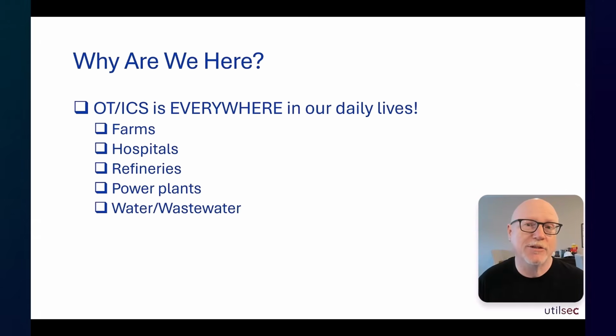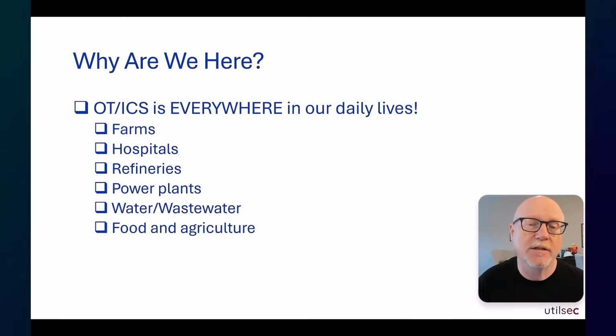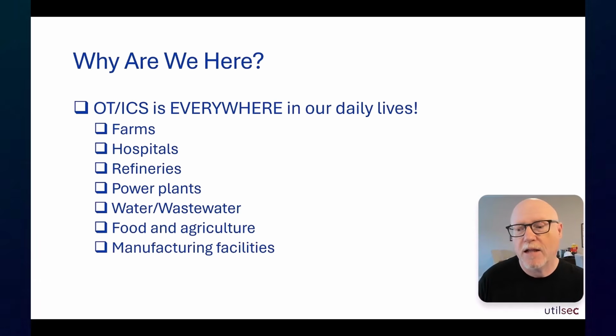What about making sure we have clean water to drink? More food and agriculture, like food processing plants. We want to make sure we have food that's safe to eat. When we look at other types of manufacturing sites and plants, whether it's the chocolate candy or a Barbie doll, or what if it's for medicine or pharmaceuticals?